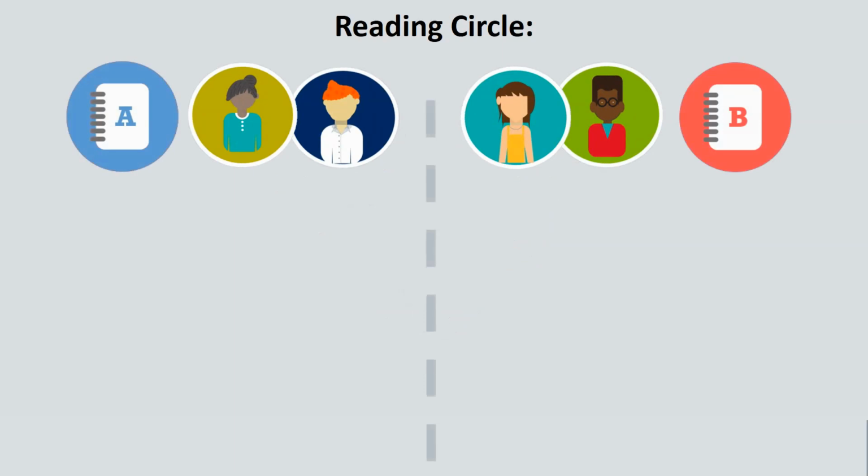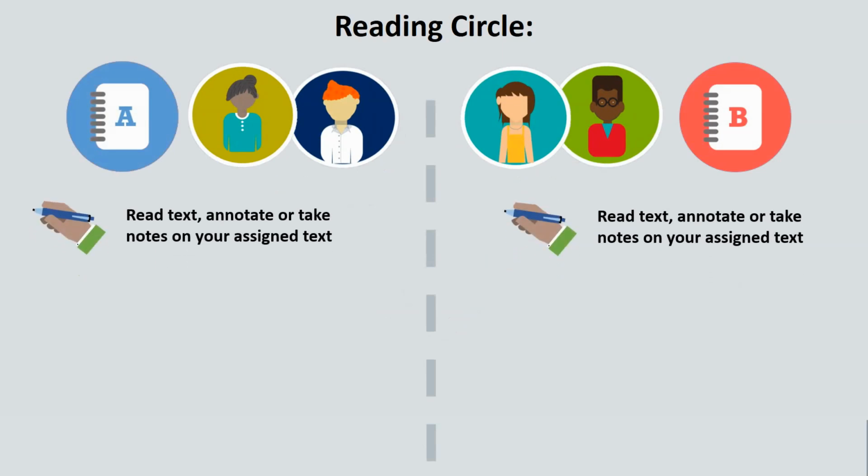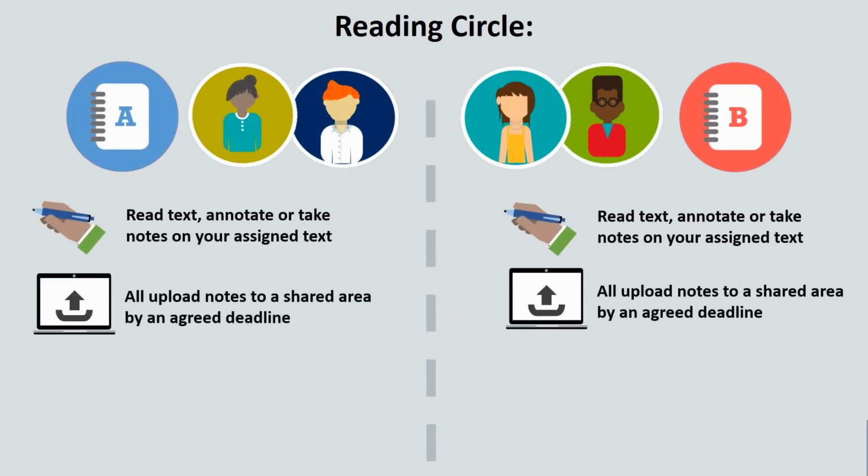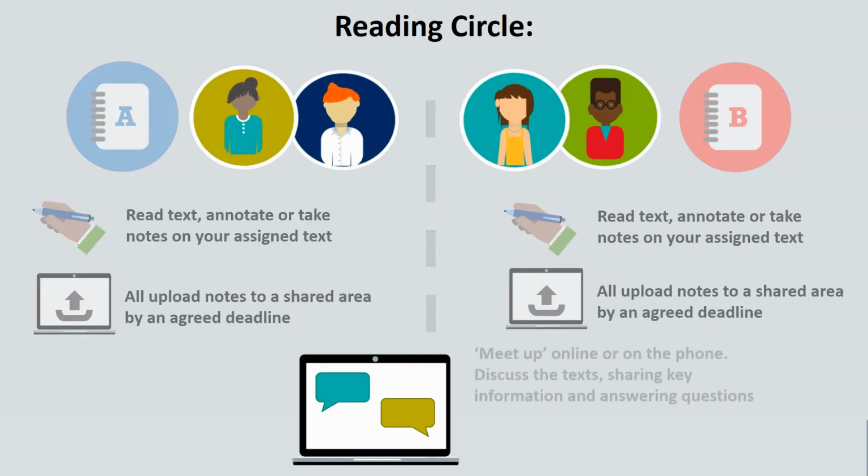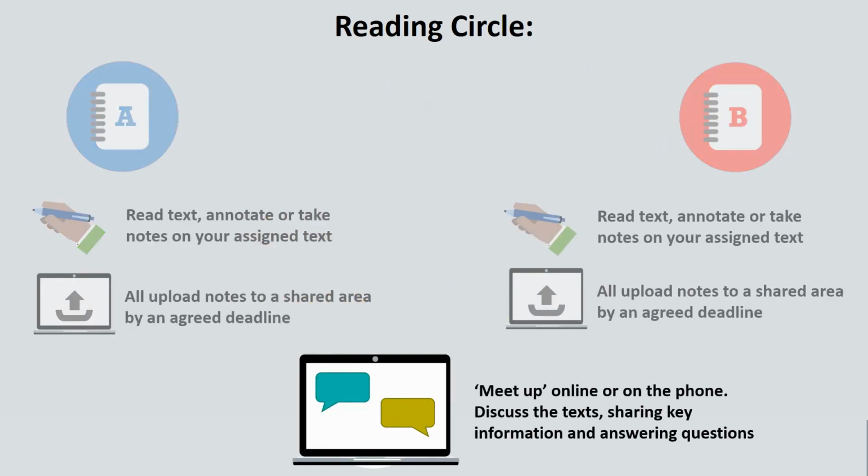Split into teams. Here we have 2 teams. Each team takes a text or texts to focus on. Read the text, annotate, or take notes. Then upload all notes to a shared area by an agreed deadline. Meet up, online or on the phone, discuss the texts, sharing key information and answering questions.